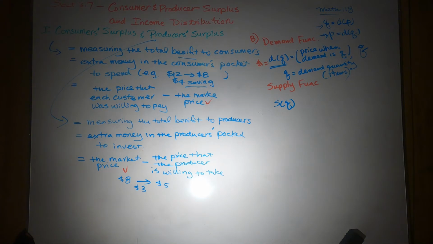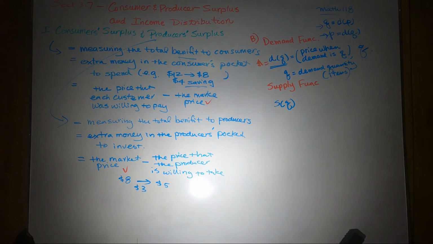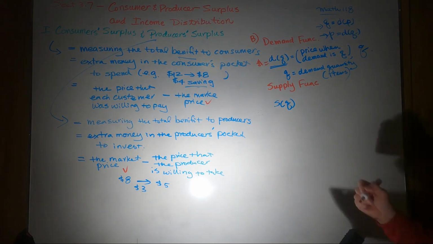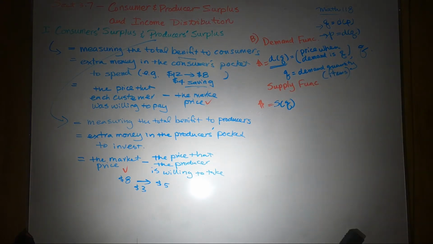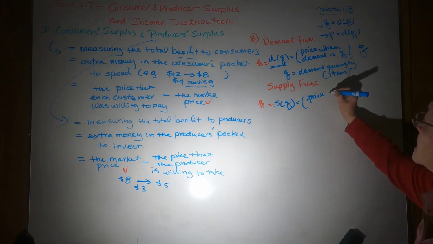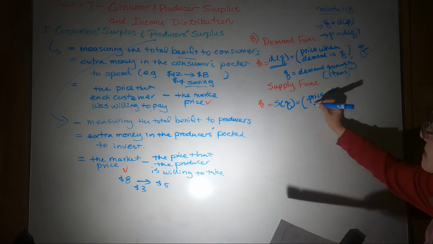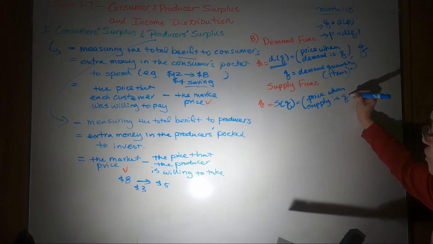What does it mean? From the quantity to what? To the price, right? We are talking about the relation between the price and the quantity. So this one is talking about what? The price when supply is such Q, right?